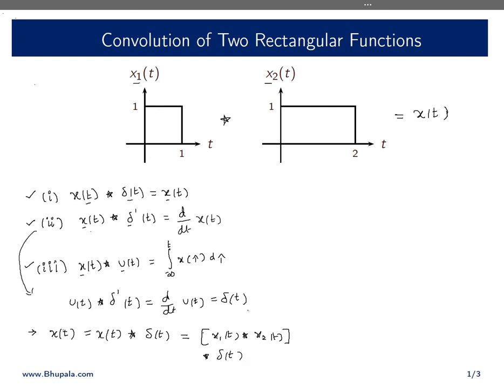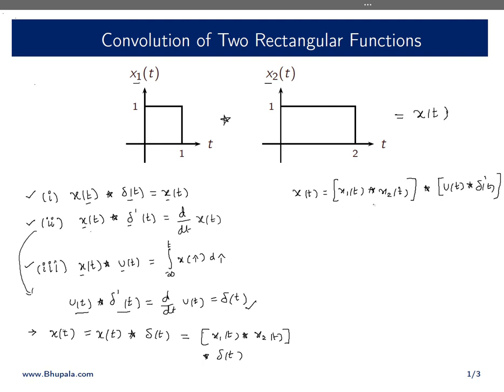Just now we have seen that the Dirac delta function can be written as u of t convolved with delta dash of t, and hence our x of t would be equal to x1 of t convolved with x2 of t, and the Dirac delta function can be replaced with u of t convolved with delta dash of t.